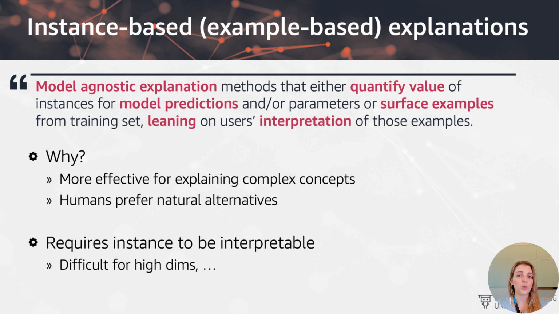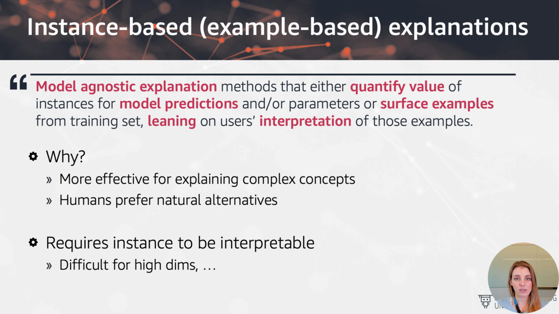So why would we want to use example-based explanations? Well, they are really rather effective for explaining complex concepts. And also, there is a tendency in humans to prefer natural alternatives. So we had a look previously at Shap values, and those are not necessarily natural explanations. Examples are a very easy way to digest an explanation of a model.